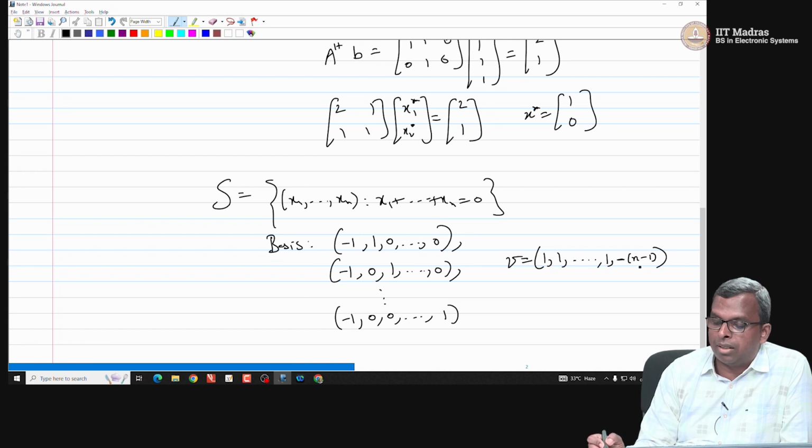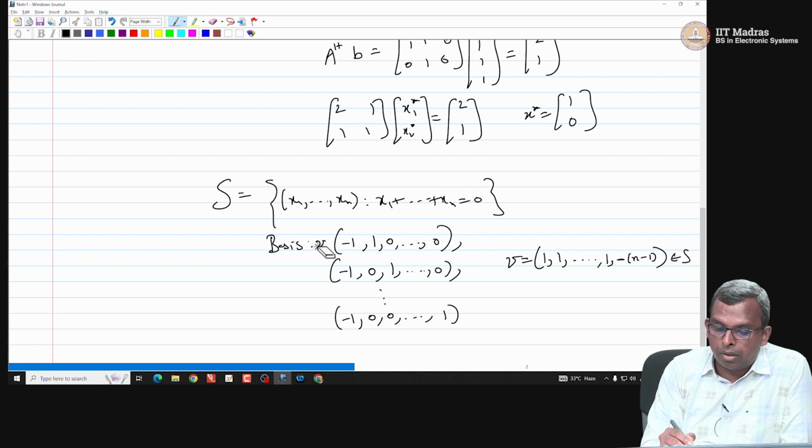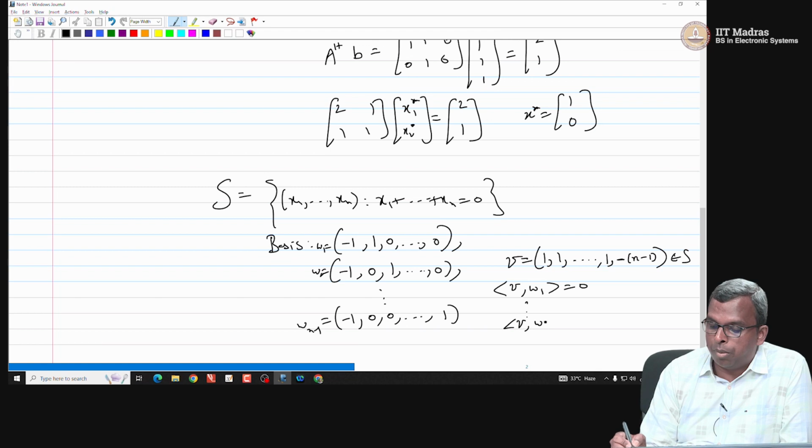So this will belong to S, because if you add up all these entries, you get 0. Interesting thing is, let's call the basis vectors W1, W2, up to W(n minus 1), since I've been using U1 for something else. The inner product of v with W1 will be 0, and so on till the inner product of v with W(n minus 2).